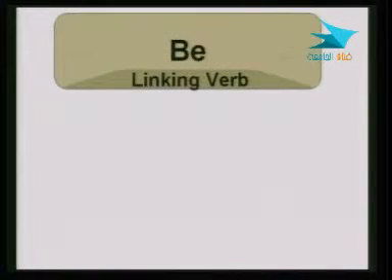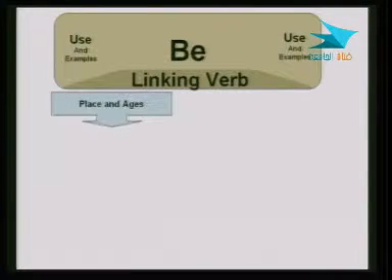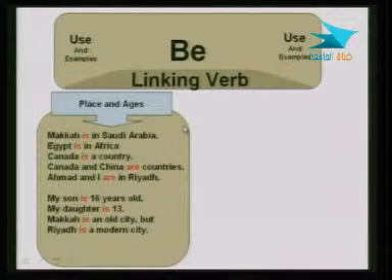Okay, next slide. Again, we have more examples. We also use the verb be to talk about places and people's ages. For example, Mecca is in Saudi Arabia. Egypt is in Africa. Canada is a country, and Canada and China are countries.